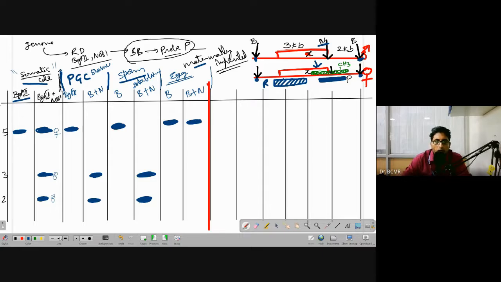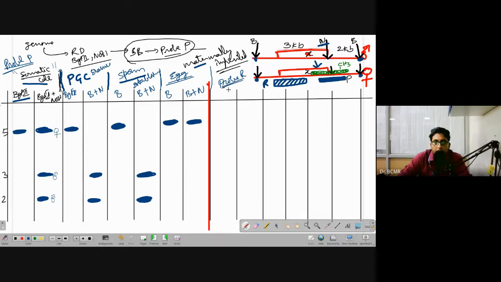The only thing I've changed is the probe. In all the setups we used probe P. Now I'm going to give it as probe R.